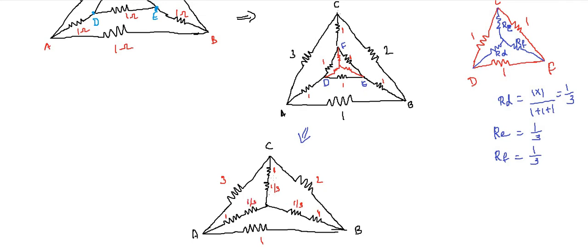Now you can see that this 1 and 1 by 3 are connected in series, and again here also these two resistances are connected in series. Here also these two resistances are connected in series.